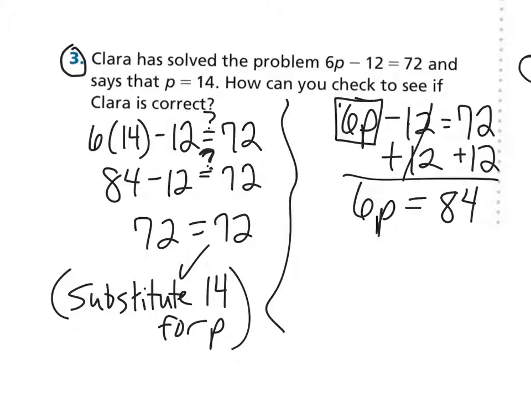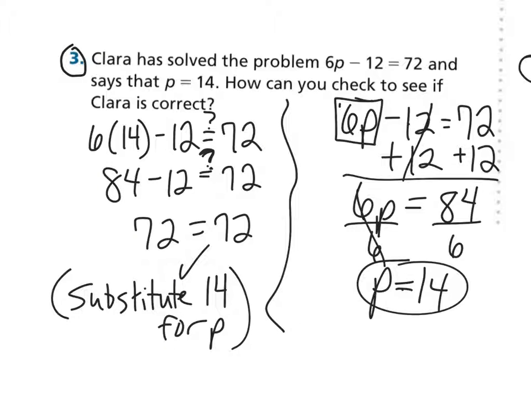That'd be 84. And then we can see they're multiplying by 6, so we would need to divide by 6. And when you divide, you would get 14. So either one of those methods, either substituting or just working the problem out, would work to tell whether she's correct or not.